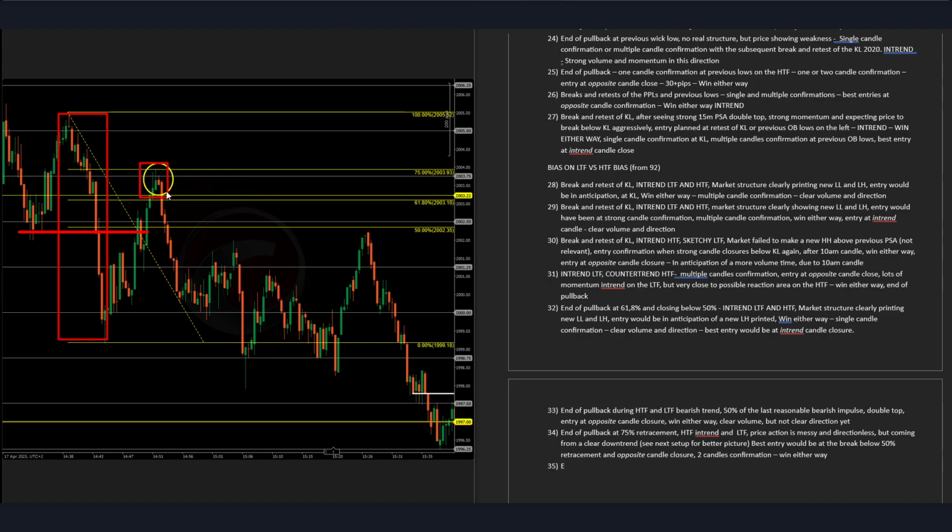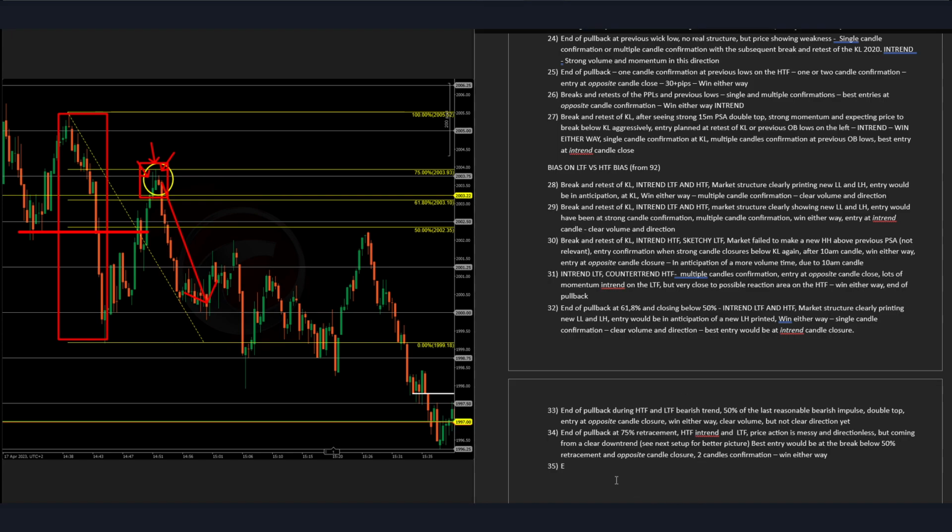But at 75%, you have a nice 3 candles confirmation, where the first one is slowing down with a big wick, another wick on the top of this bullish one, and a very small bearish. The small bearish, you don't really like it, but it's still showing you that the price action is changing, that there are more sellers than buyers in the chart, and that's why you could have taken your entry.